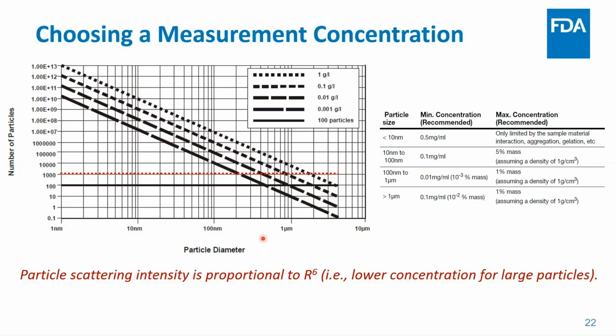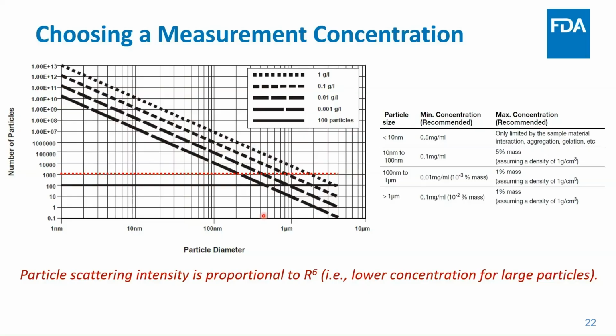And so let's say for a 500 nanometer particle here, somewhere about there, if we go up to say the line that represents 0.001 grams per liter, we can see that we're around that 100 mark, maybe even slightly lower, somewhere between 10 and 100 particles.